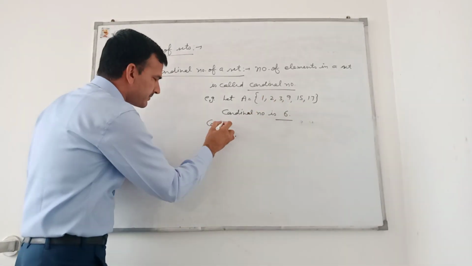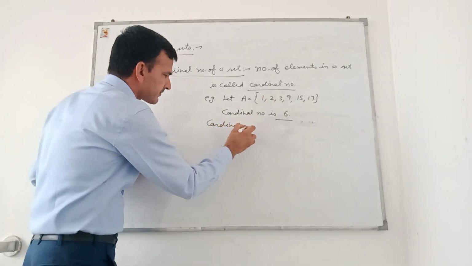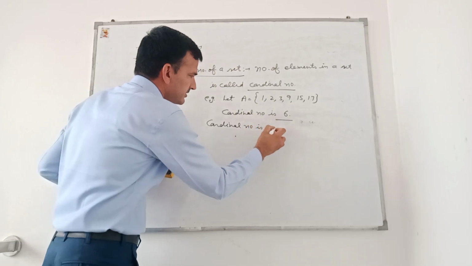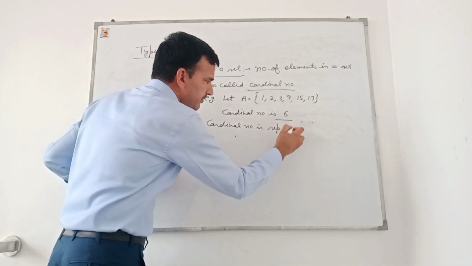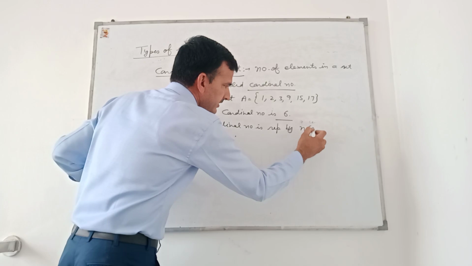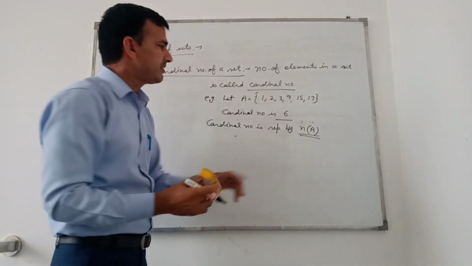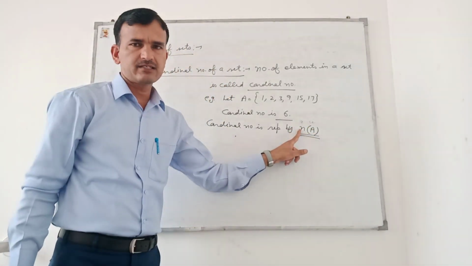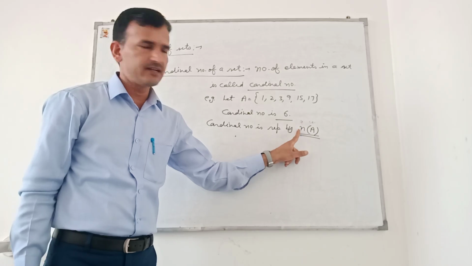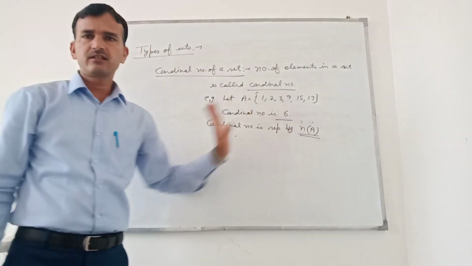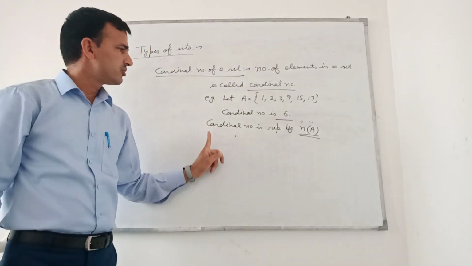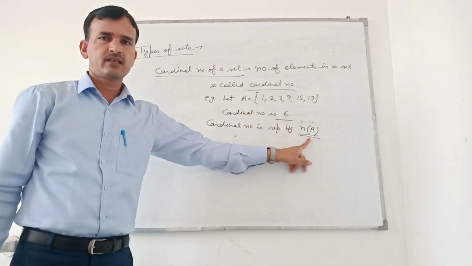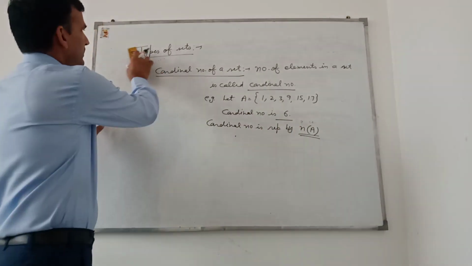Cardinal number is represented by n(A). n means number of elements in set A. Clear? Cardinal number is denoted by n(A). Understand?